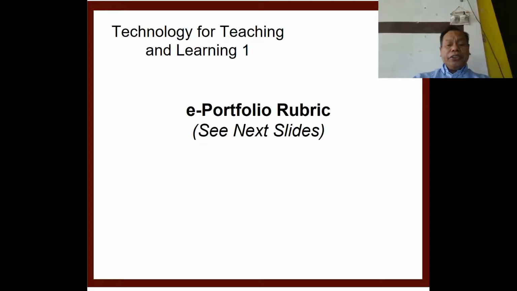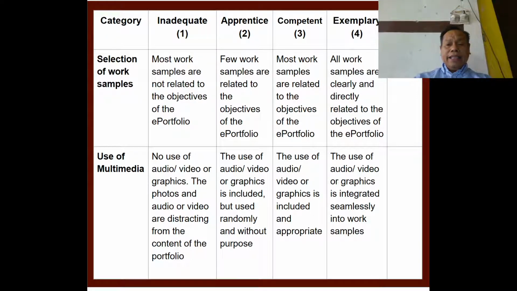So, how do you judge or how do you evaluate or assess your e-portfolio? I just copied it, and the categories are selection of work samples, which means what are the selected documents found in the e-portfolio. And the levels of performance can be inadequate, apprentice or beginner, competent, and exemplary. Since that is an e-portfolio, it is good also to use some multimedia.